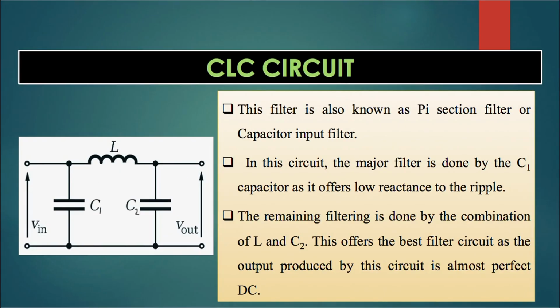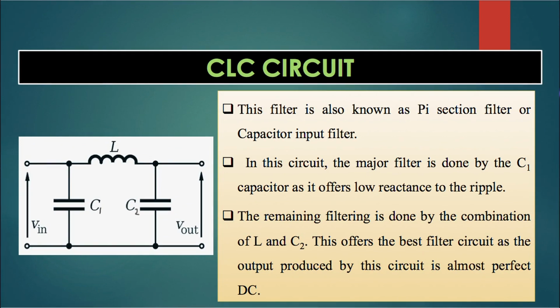Another possible filter circuit is the CLC filter circuit, where we deploy two capacitors and one inductor. Here is the circuit diagram. So this filter is also known as pi section filter or capacitor input filter.